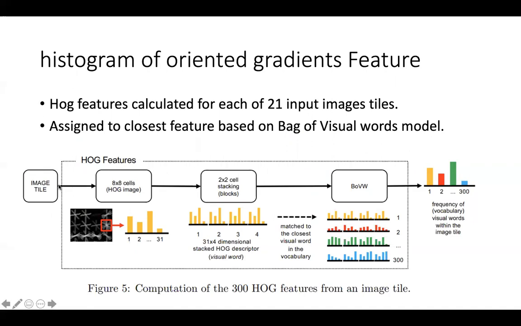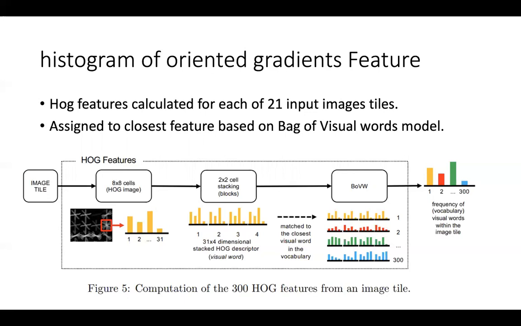So you can see in the picture below, they take the image, then they use an 8x8 hog image. Then they match it to the closest visual word in the vocabulary, the closest feature. So it means that as long as one of the hog vectors is similar to the others, they believe it is similar.